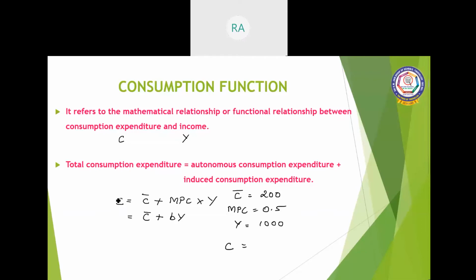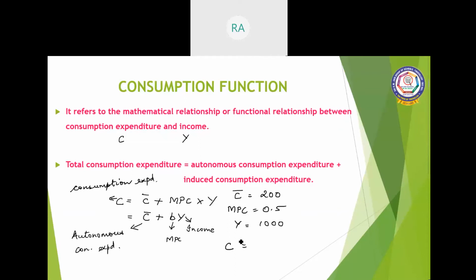C is the consumption expenditure. C dash is autonomous consumption. B is otherwise MPC and Y is income.